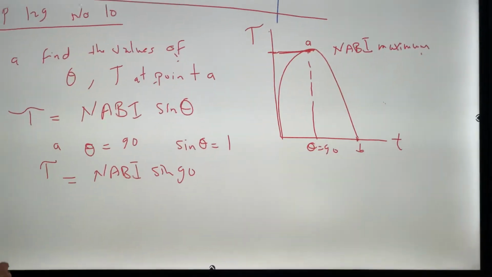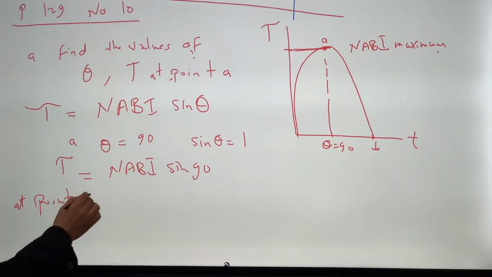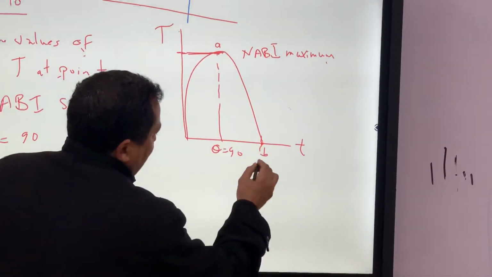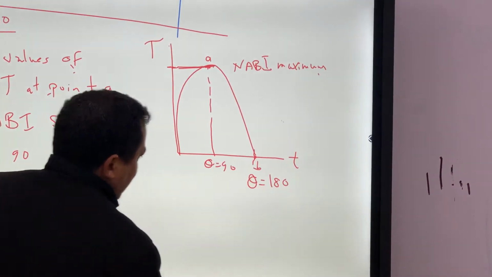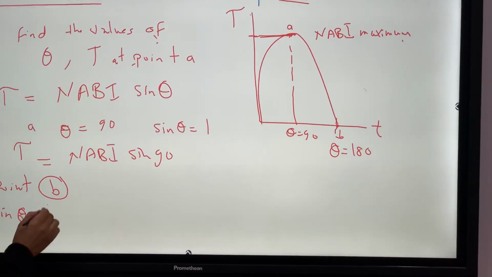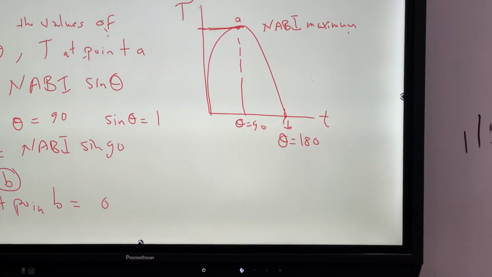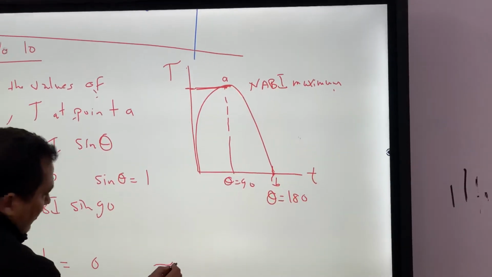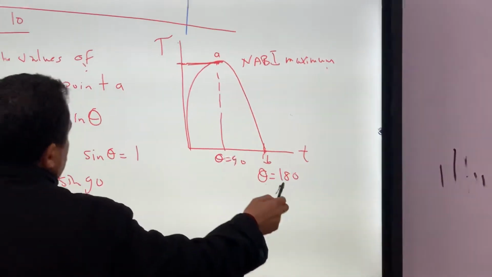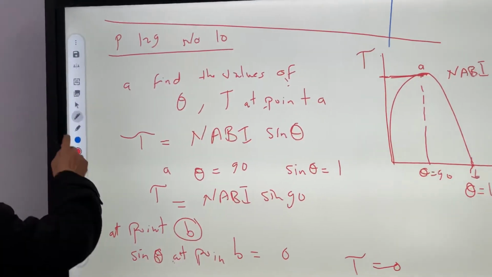And at point B, theta equal 180. So sine theta at point B equal 0. So the torque equal also 0 because torque equal NABI sine 180 equal 0.